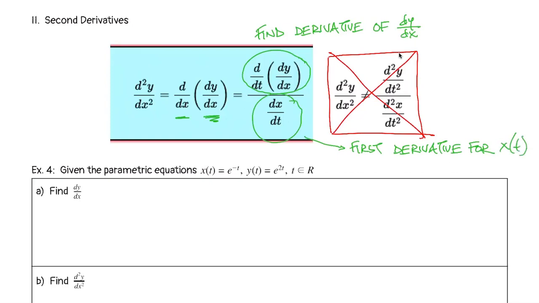Whatever that derivative was, you keep that on the bottom, and on the top, you take the derivative of the whole first derivative.